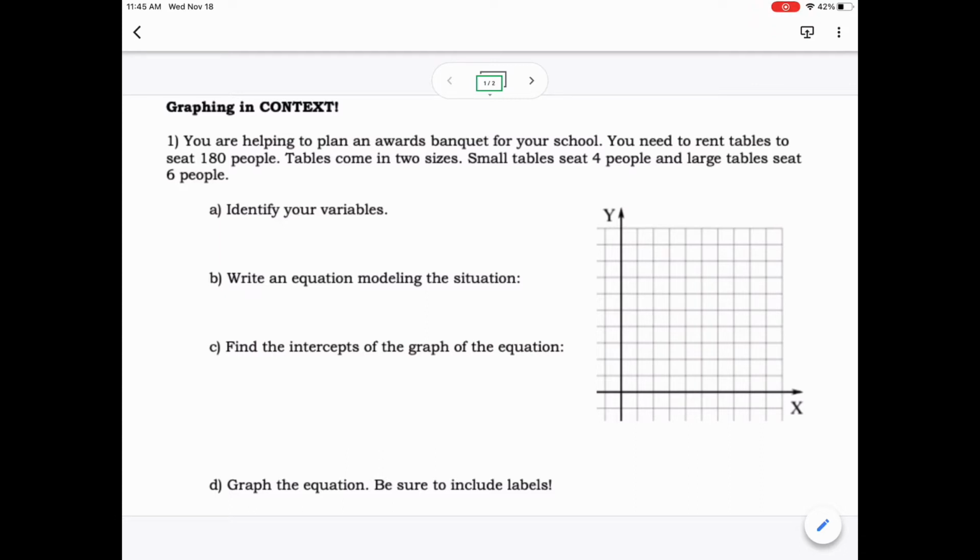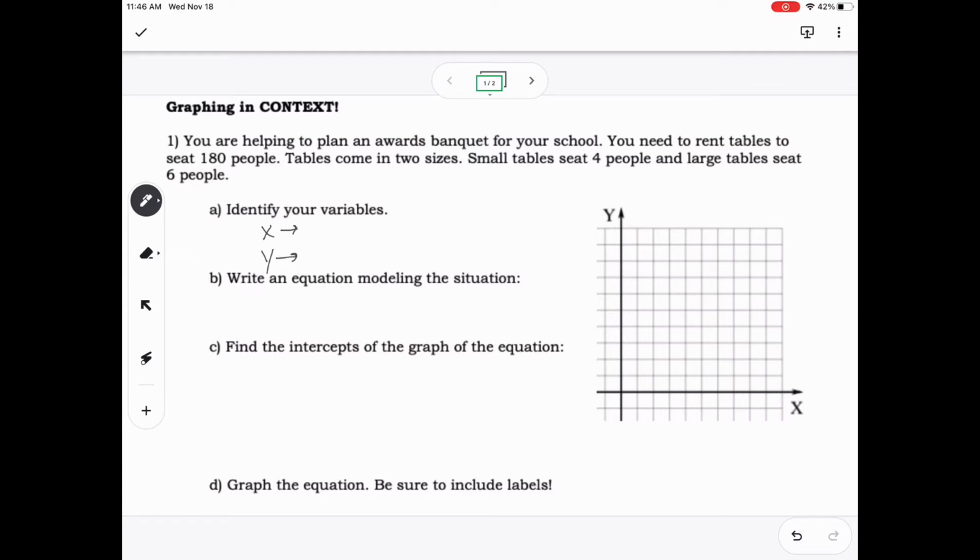So here, identifying your variables. We have an x and we have a y, right? And they should mean 2 different things, okay? Now, for this problem, they're always going to be based on what you don't know.